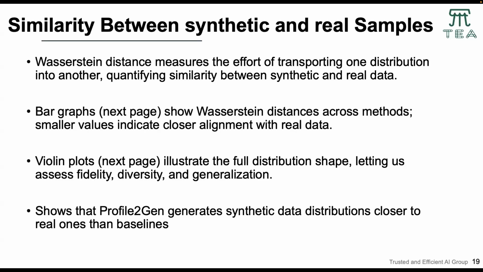KL divergence involves P(x) over Q(x), and if P(x) is not zero but Q(x) is zero because there is no overlap, then it goes to infinity. So I think that's the main reason why they use the Wasserstein distance here.